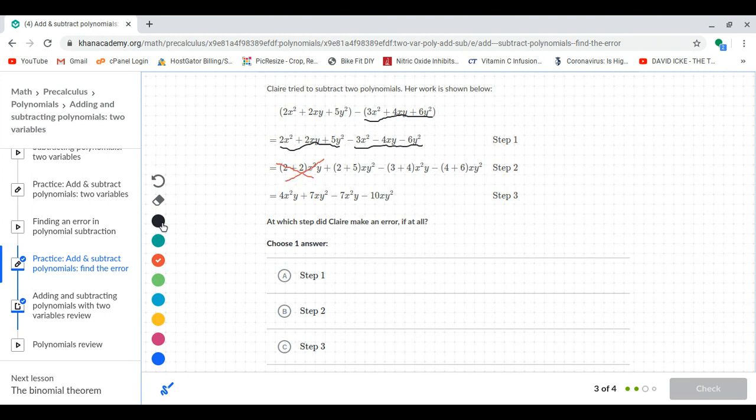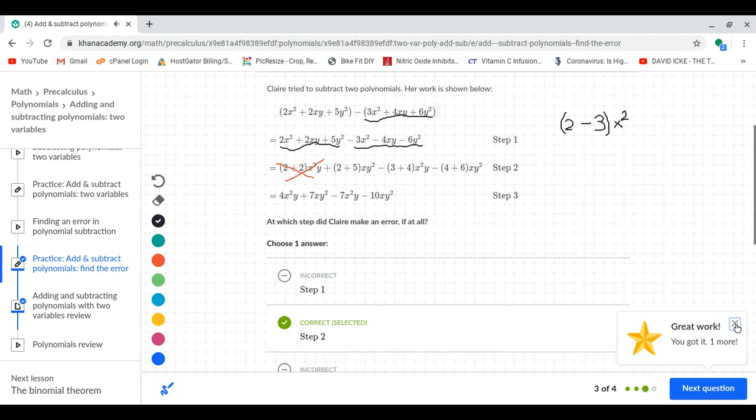What we should have done instead, I'll draw it out, we should have done 2 minus 3x squared. That's how we should have started that. So that definitely is an error. So I'm going to stop there. We're going to choose step two, in which Claire makes the error, and then can go on. All right, last question.